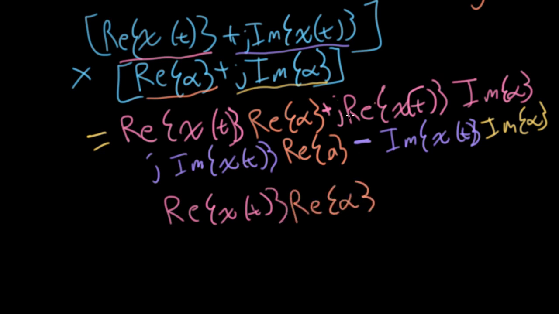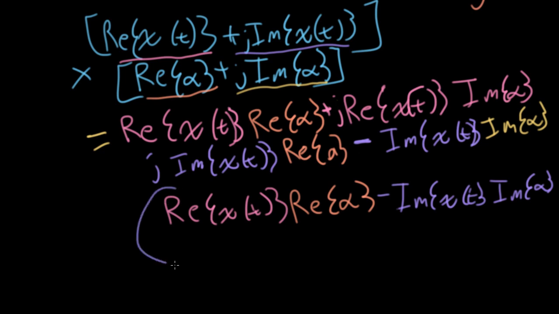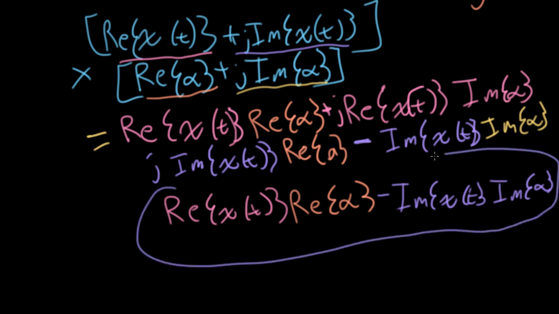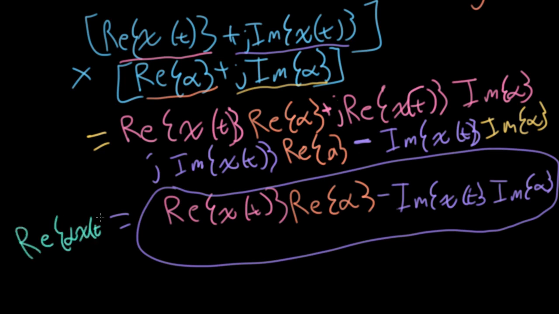And then these have j's on them, so they go away. And now I'll subtract the imaginary part of x of t times the imaginary part of alpha. So this is what I get once I've gone through the real part operation. This is the real part of alpha x of t.